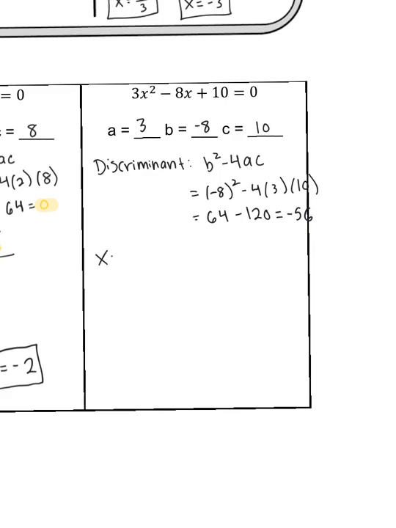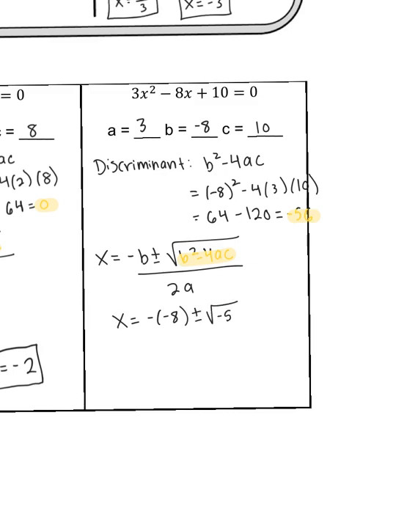So I'm going to rewrite my formula, and I'm going to replace my negative 56 down here on my discriminant and replace my b and a. Opposite of b, I'm going to end up having a positive 8 in the front.